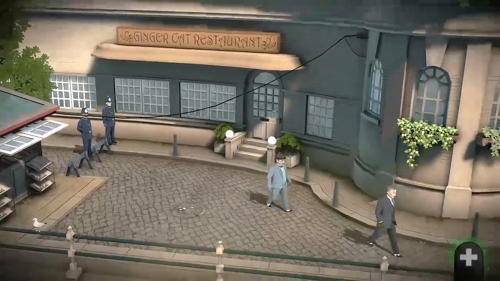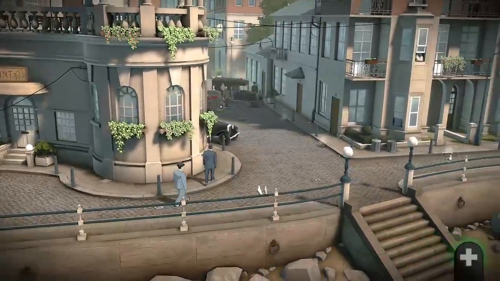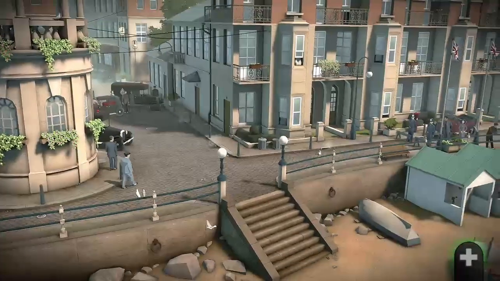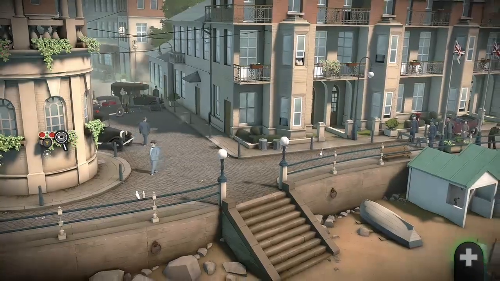Right, to Betty's house. Right, where's her house? Oh, what's that?